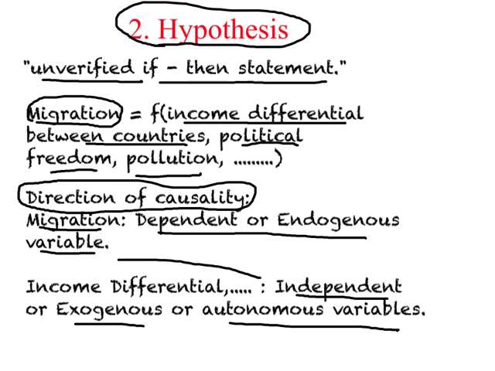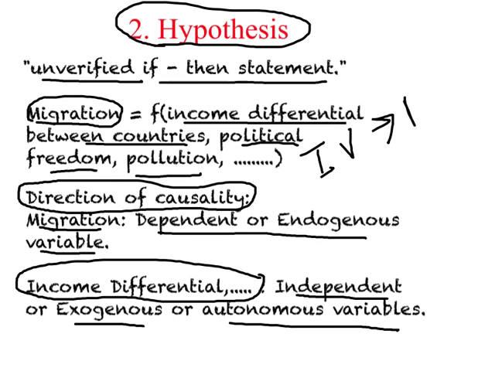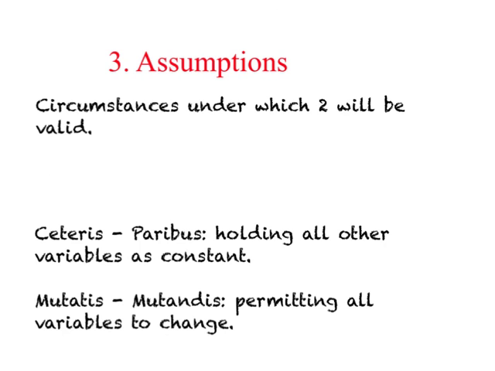So variables such as income differential, political freedom, and so on are all independent variables. And what we have in mind is the direction of causality, and that is changes in independent variables will cause changes in the dependent variable.